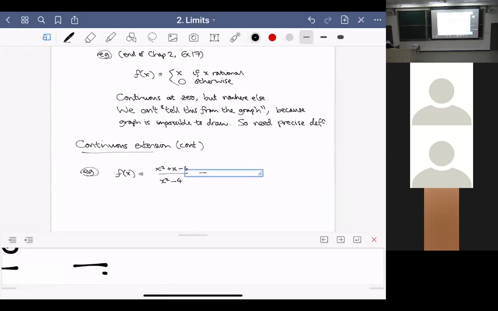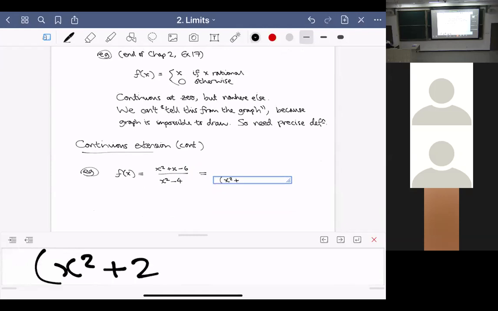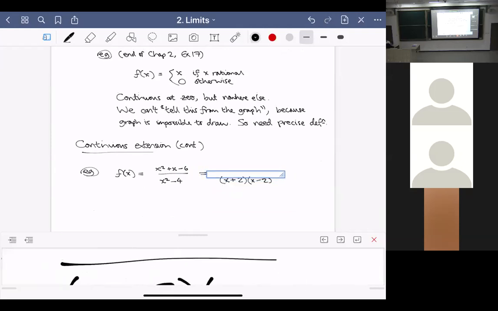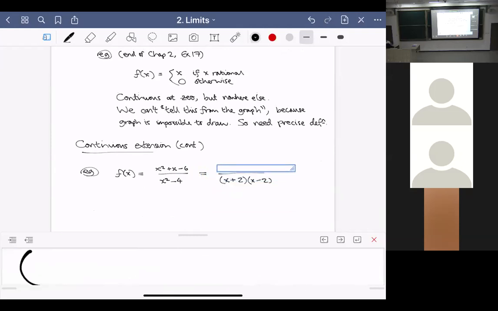So notice that we can factorize, x plus 2, x minus 2, and what do we get? x plus 3, x minus 2.